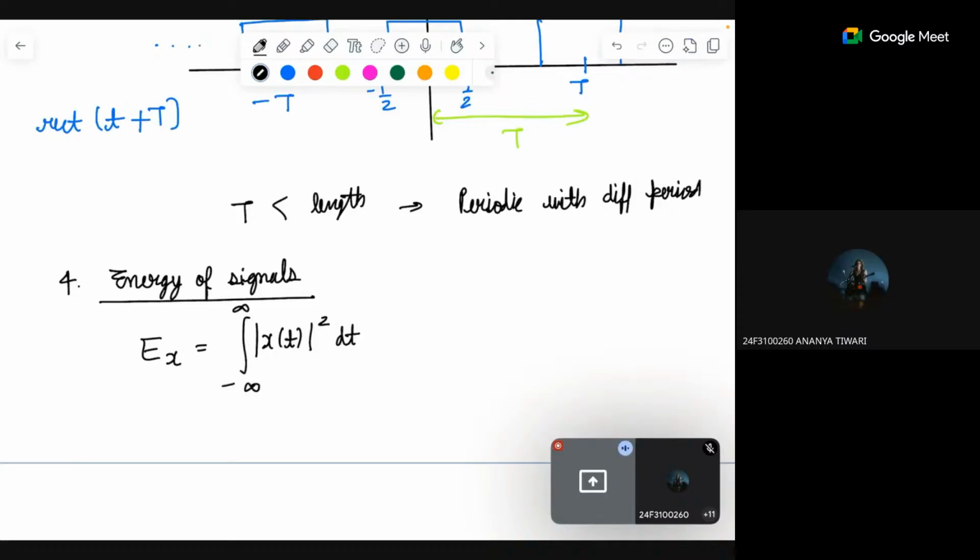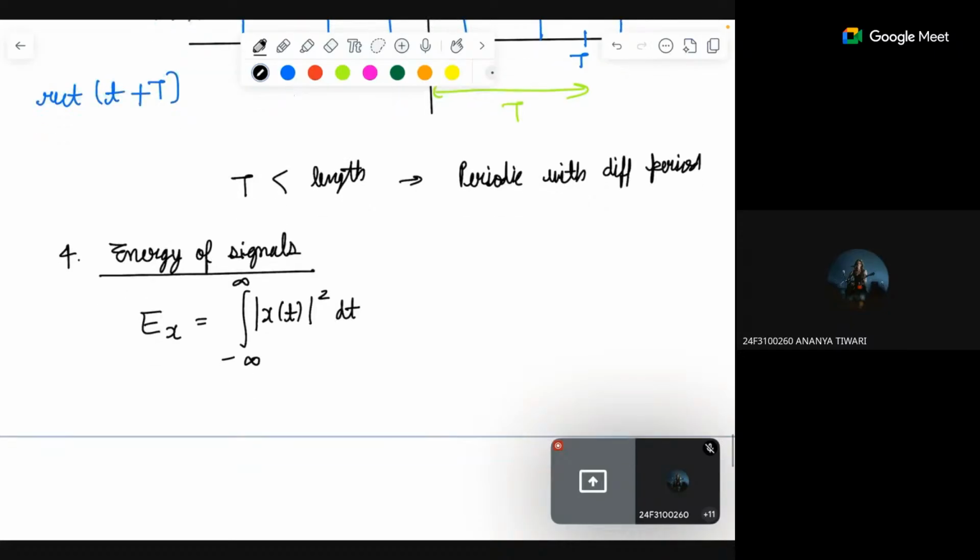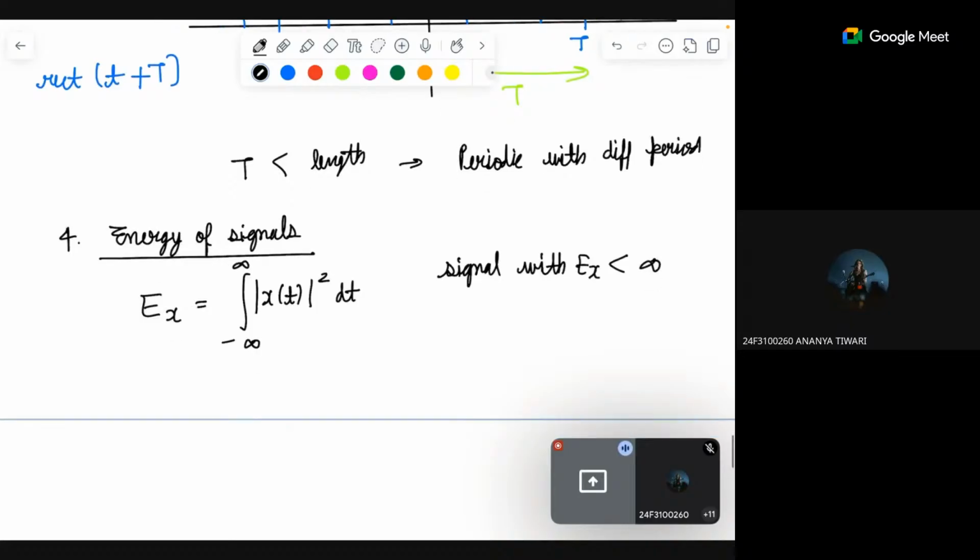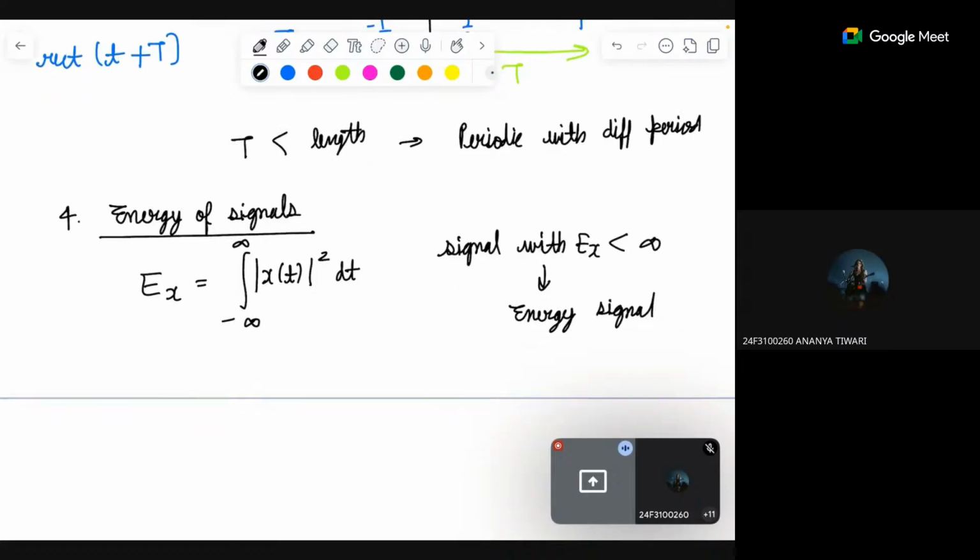So this is the formula for the energy of the signal, right? If we have any signal whose energy is less than infinity, we call it an energy signal. So an energy signal is a signal whose energy is less than infinity. Is it fine?